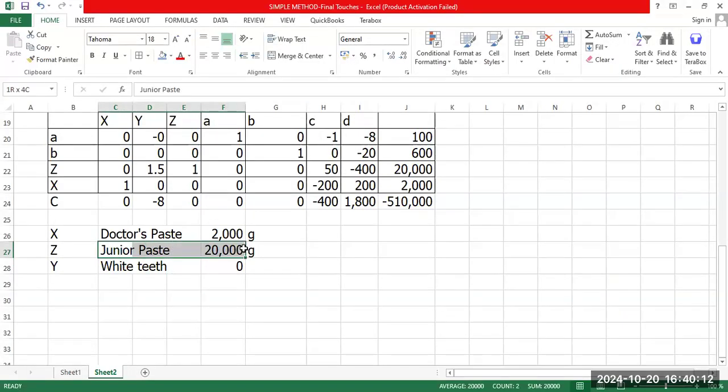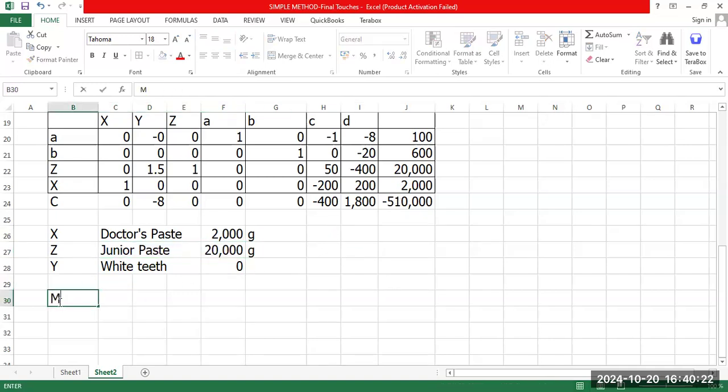Why? Because with the production of junior paste product, the company will be in a position to maximize a contribution. This is not profit.